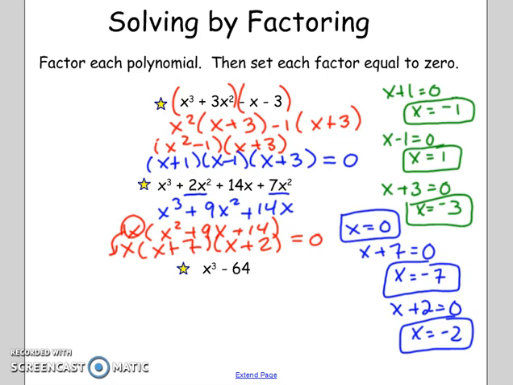Okay, so if we look at the last one, it was x cubed minus 64. So we have to factor this. This is a difference of cubes. So we need to rewrite this: x cubed minus 4 cubed.